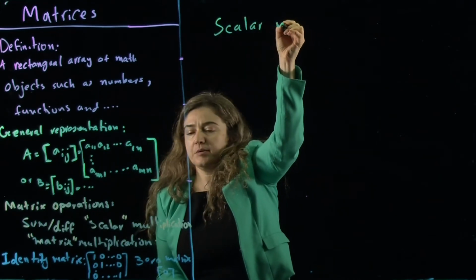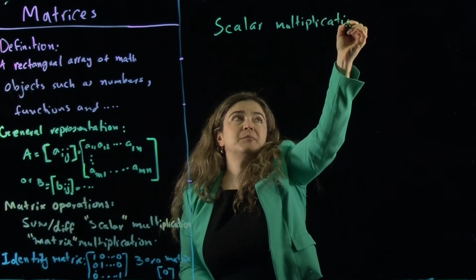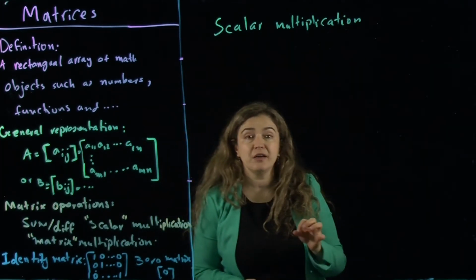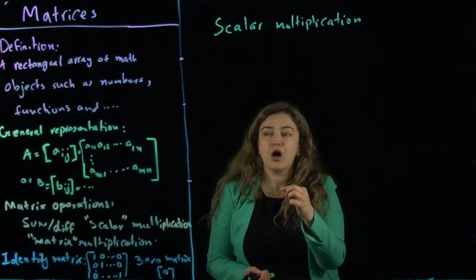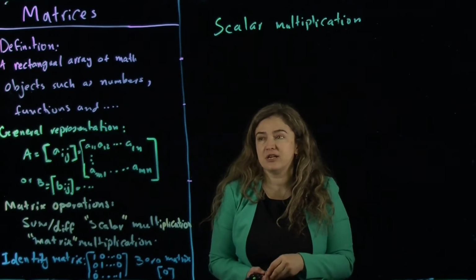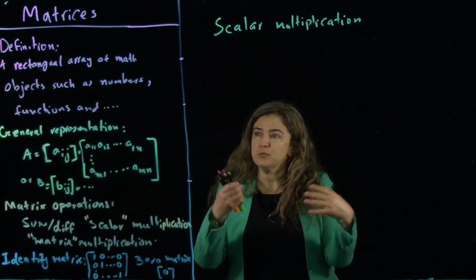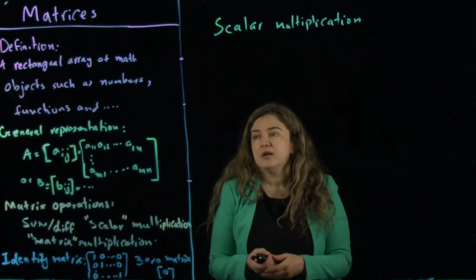Scalar multiplication. When we talk about scalar multiplication, we're talking about something that is not a matrix multiplying by the matrix. For a starter, that something is always a number.